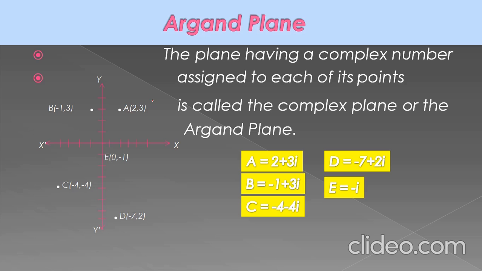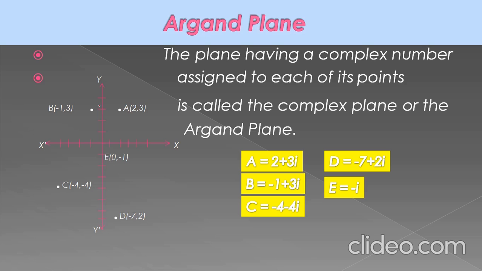In the same way, in the complex plane we can plot the complex numbers and each point is assigned a complex number. So that plane is called the Argand plane.